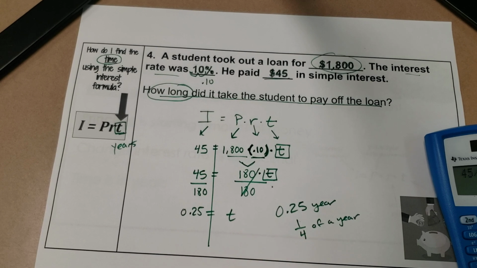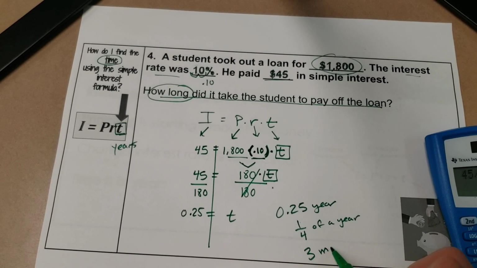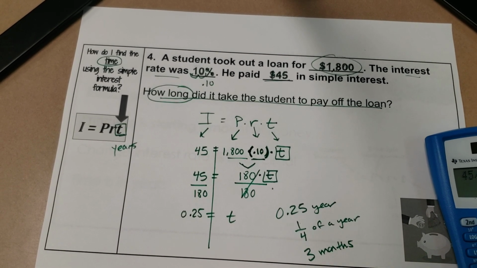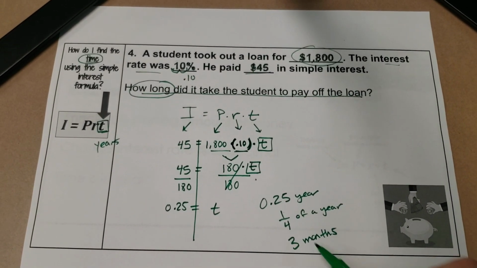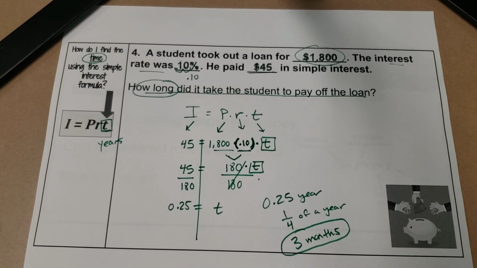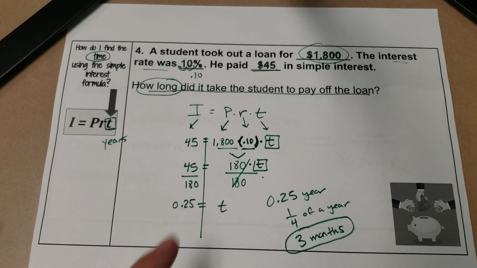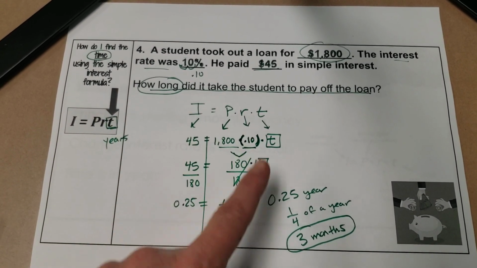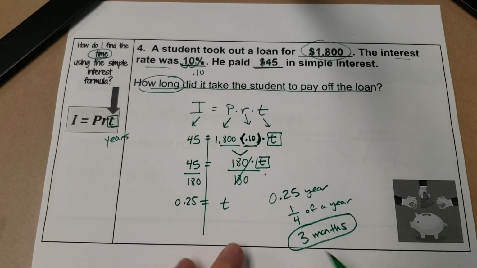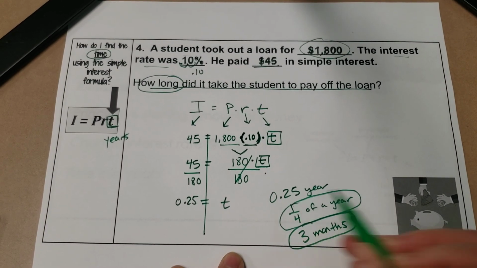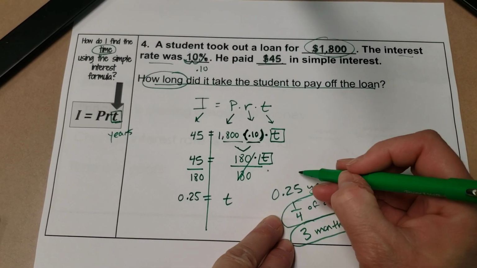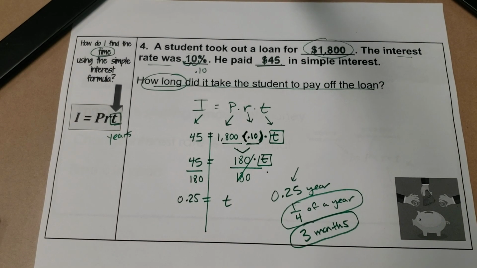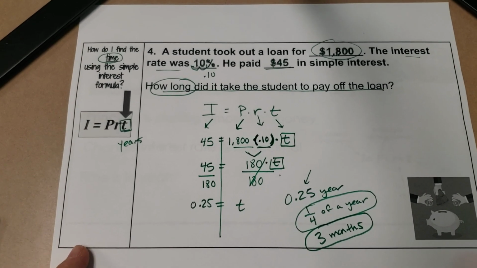If there's 12 months in a year, wouldn't 1/4 be 3 months? So these are all correct, but probably the one that would make the most sense would be 3 months. Sometimes we'll see the time in this formula as years, but a lot of times we'll see months. So 1/4 of a year or 3 months, both of those would be really acceptable answers. This one, 0.25 years, doesn't make a whole lot of sense. We don't usually say 0.25 years.